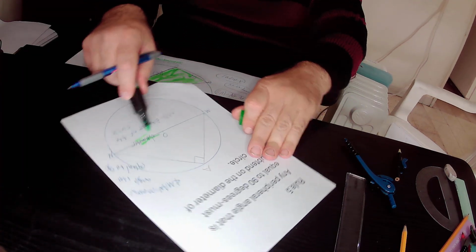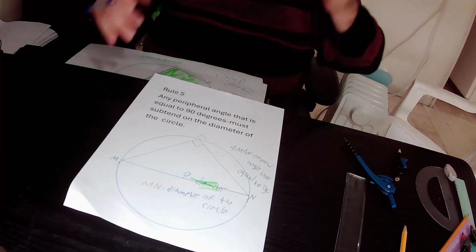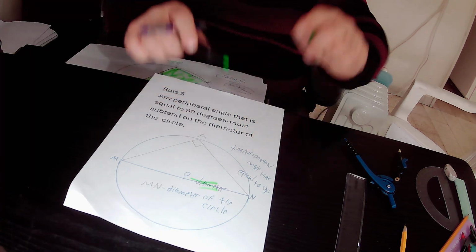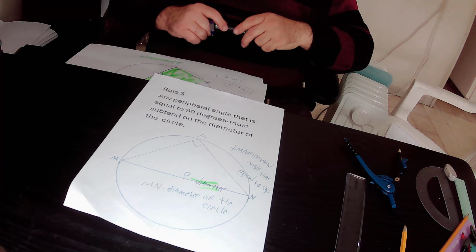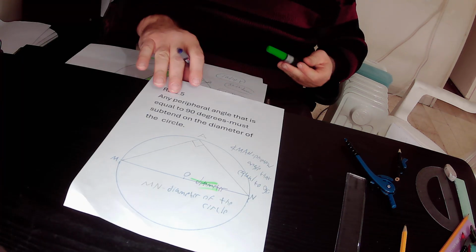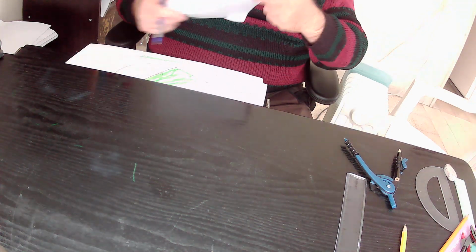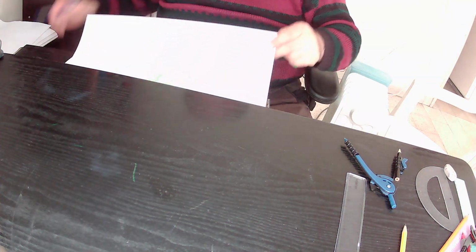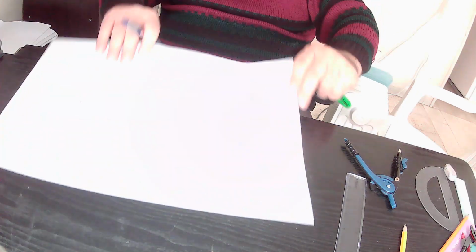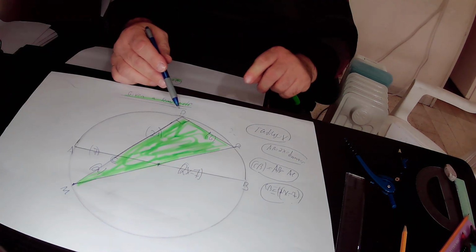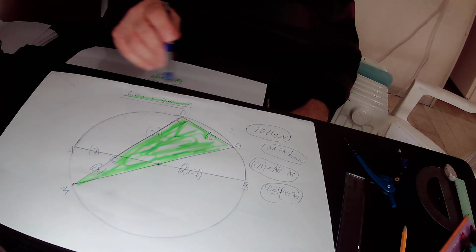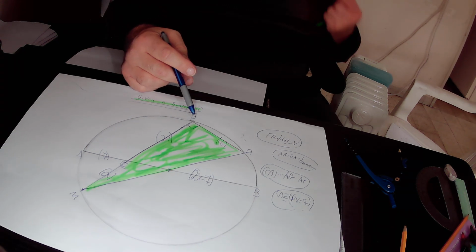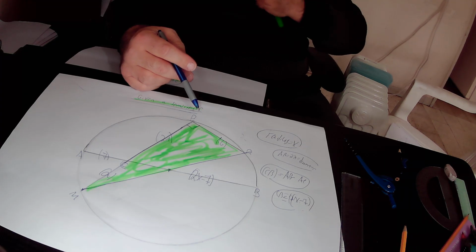So we can implement rule 5 in our drawing. This is peripheral angle MPQ that is equal to 90 degrees in size, and therefore according to rule 5, it must subtend on the diameter of the circle.